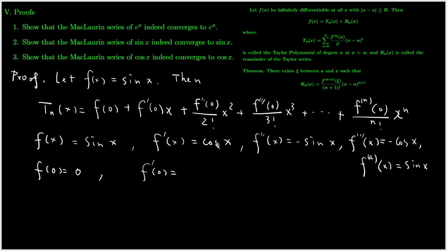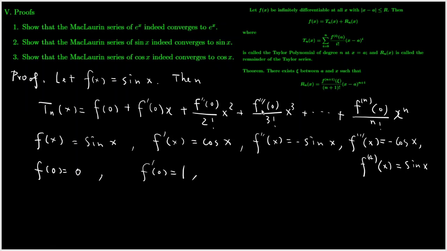You plug 0 into cos of x, you have cos of 0. Cos of 0 is equal to 1. And then you keep on going. The value of sine at 0, sine of 0 is equal to 0. Cos of 0 is equal to 1.